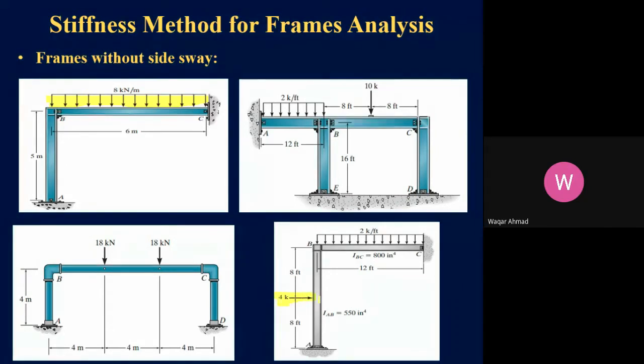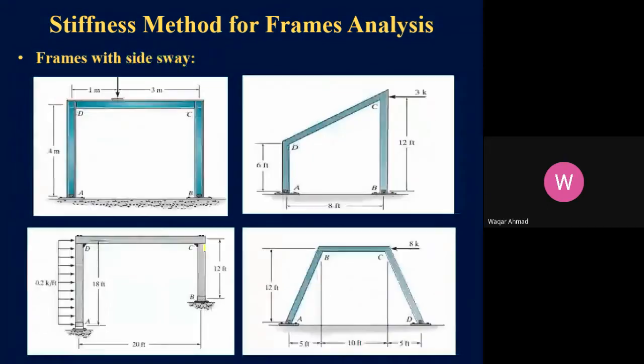What can be the reason for this? Why will it not cause sideway deflection? The reason behind this is the support. You see, the support condition is such that it will not allow the sideway deflection. Now let's see some examples of these frames with sway.